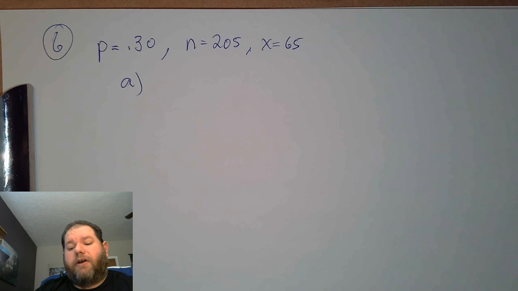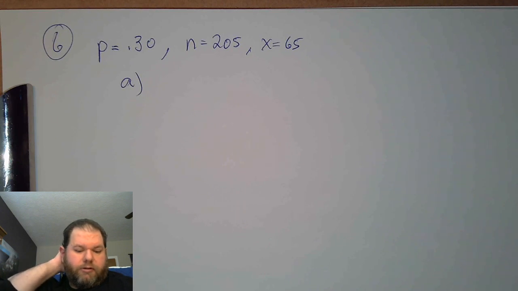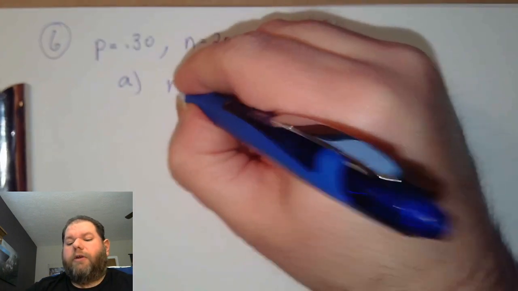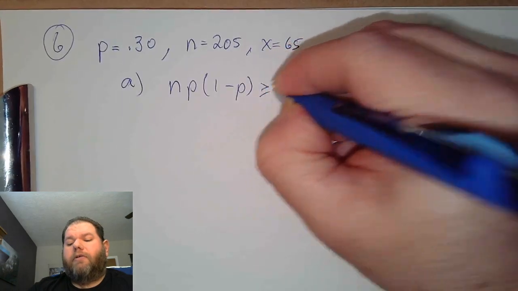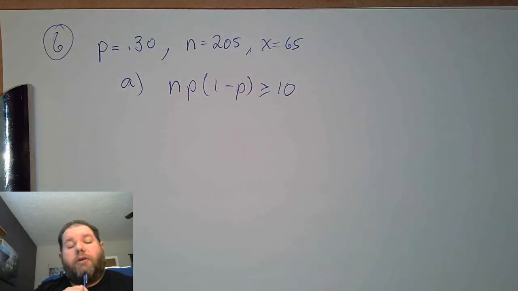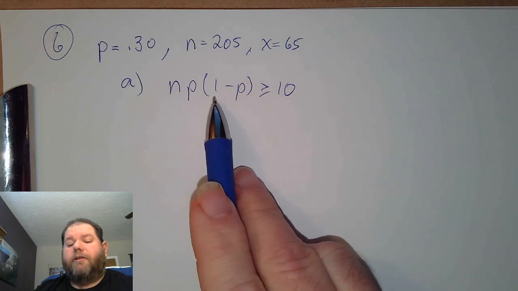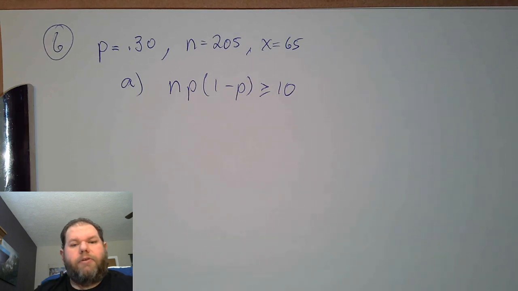Now we want to find the following. A, show that the distribution is approximately normally distributed. And to do that, we have to show that n times p times 1 minus p is greater than or equal to 10. Now on the test, what I'll probably have you do is calculate n times p times 1 minus p and fill in the blank with your answer.